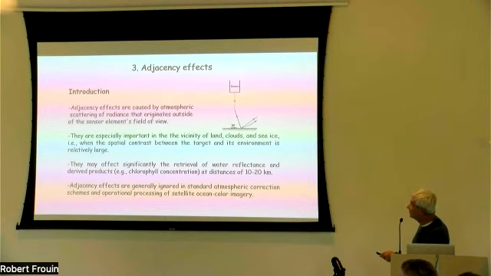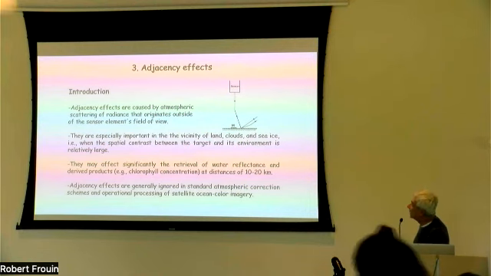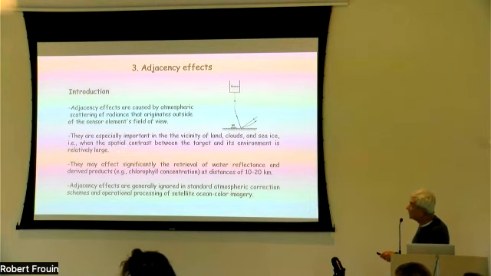And these effects are especially important in the vicinity of land, but not only land. So it's not just the coastal zone, clouds, sea ice, but more generally, when the spatial contrast between the target and the environment is large.